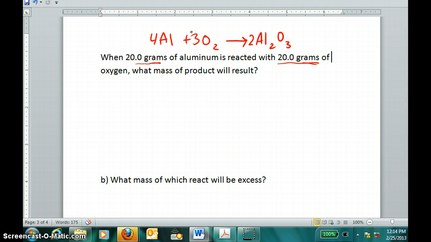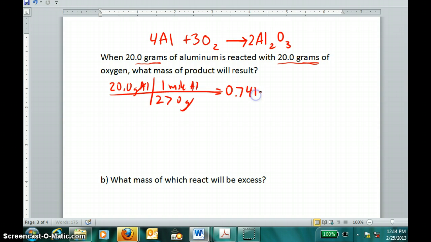So to find our limiting reagent, we're going to first need moles, and 20.0 grams of aluminum at 27.0 grams per 1 mole, the molar mass of aluminum, means that we're beginning this reaction with 0.741 moles aluminum.